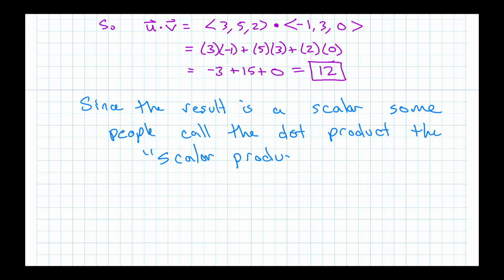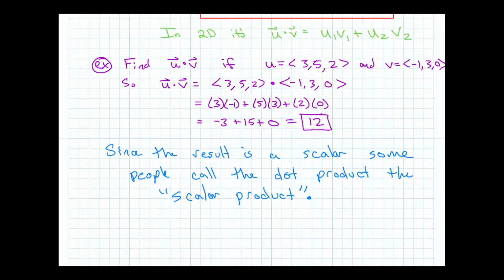Probably you're not going to see that in your homework, but still, you may see it somewhere in the future. And if you do, that's what it is. Scalar product is the dot product.